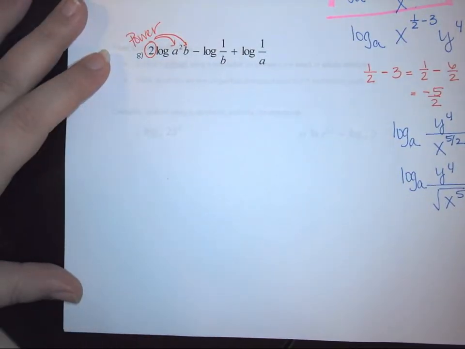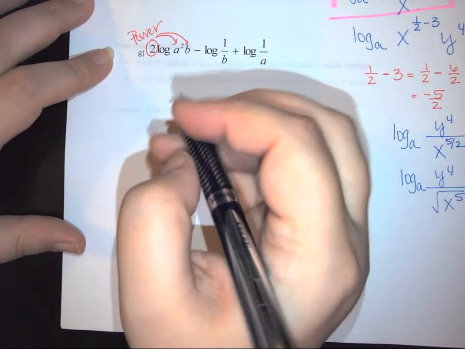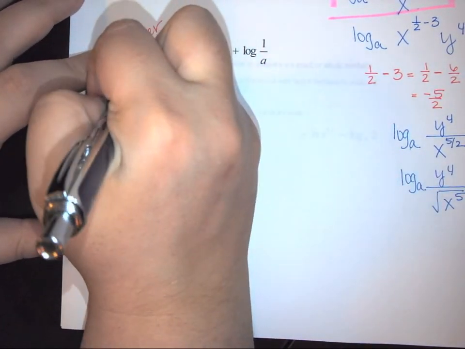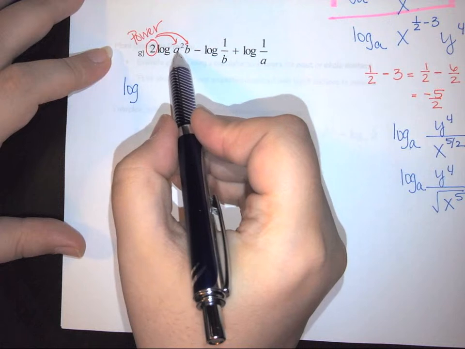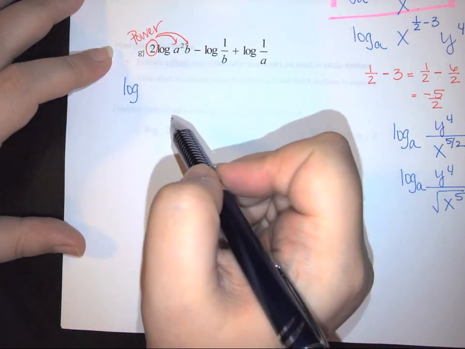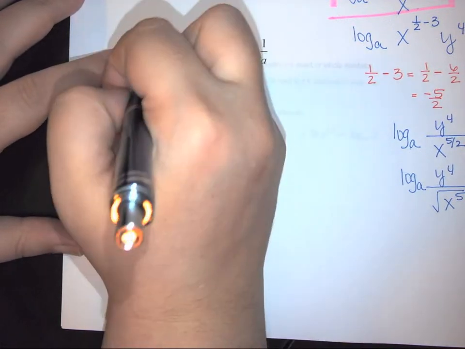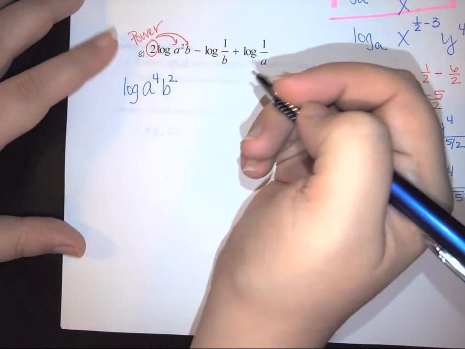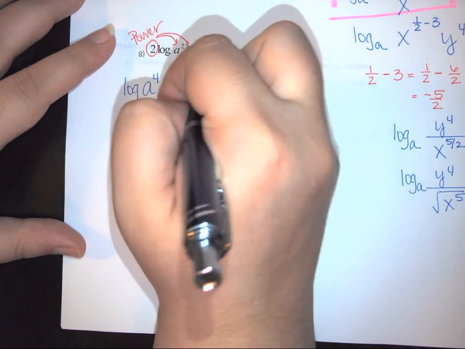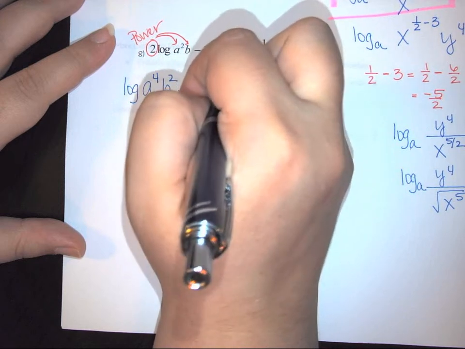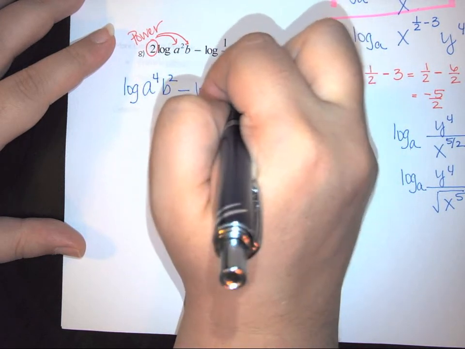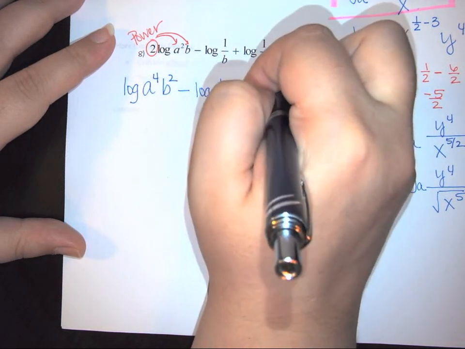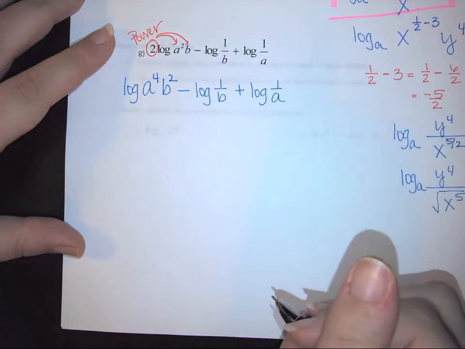So here, this is telling us that we have the log of a squared b raised to the power of 2. So this becomes a to the 4th b squared. And then we have minus the log of 1 over b plus the log of 1 over a.